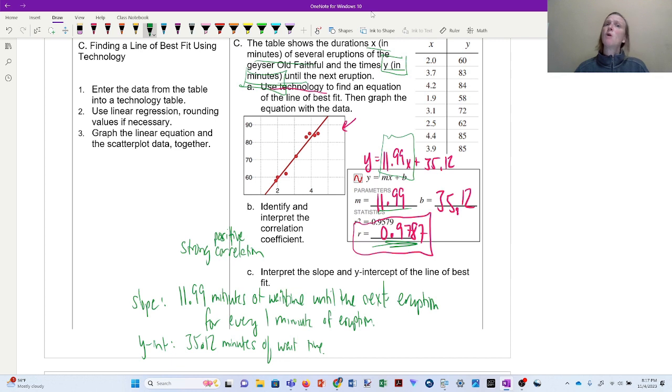No matter how small the eruption is, the wait time is always at least 35.12 minutes, at a minimum. Okay. So that's kind of a real world interpretation of the slope and the y-intercept for this particular example.